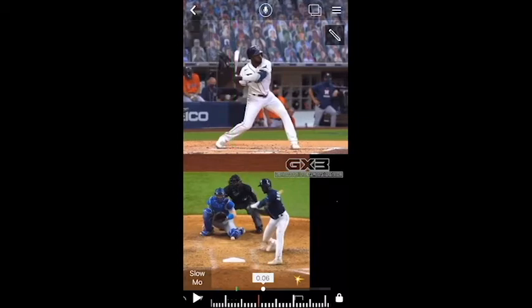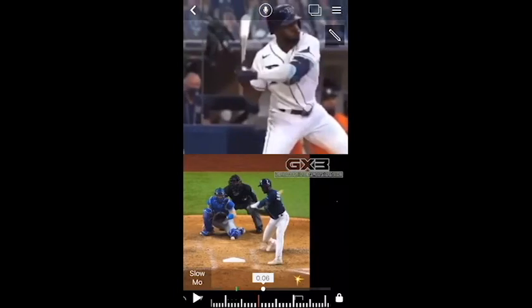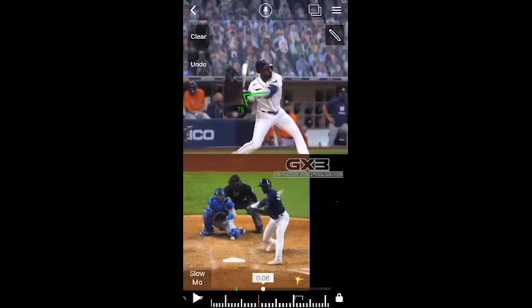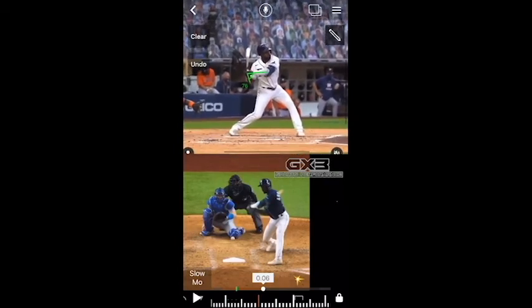What you will also want to look at is the elbow position at the last frame that this left hand is on that green line. Okay, and I'm going to measure this angle from his elbow to his hand to his elbow. Okay, 76 degrees.